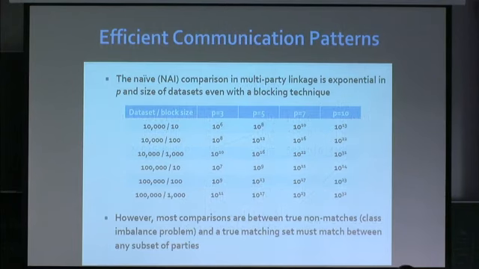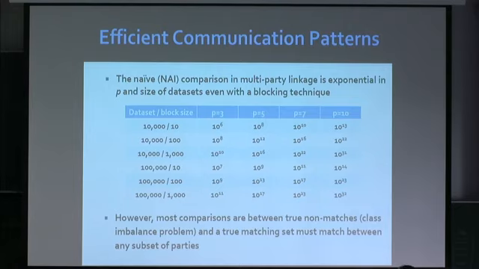And as I mentioned earlier, the computational complexity of multi-party privacy preserving record linkage is exponential with the number of databases. And this problem remains even when we use a private blocking or filtering technique, as you can see from this table.